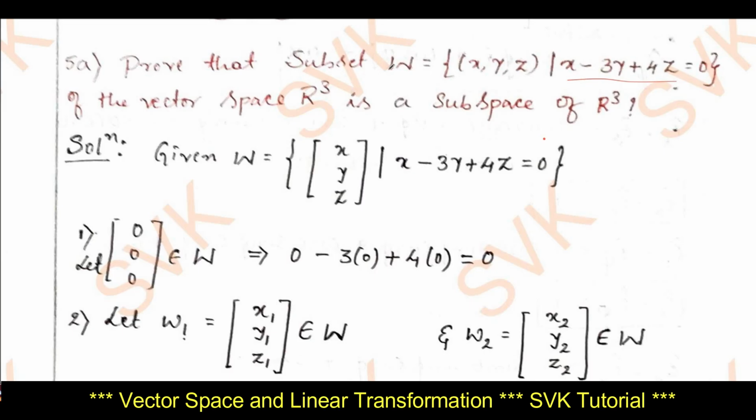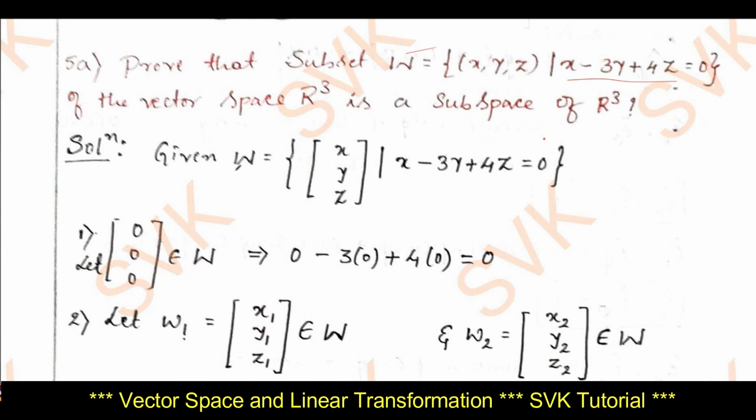So here we need to prove that the given subset W is a subspace of R^3. You should know what a subspace is. It should satisfy three conditions. One is it should contain the null vector, then it should satisfy vector addition, and it should satisfy scalar multiplication. If these three are satisfied, then we can say that it is a subspace.